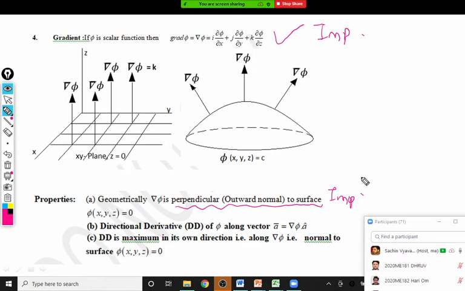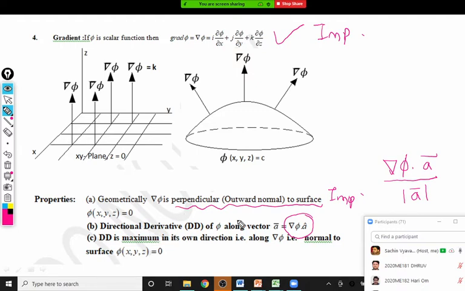And now the third thing we already saw on the last slide: if you want to find the derivative of the function phi along a bar, that means the rate of change of this function phi along any random direction a bar, we take del phi dot a bar upon magnitude of a bar, that is del phi dot a cap. The meaning of that is del phi dot a bar upon magnitude of a. That is the derivative there.